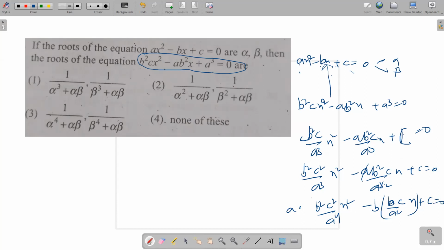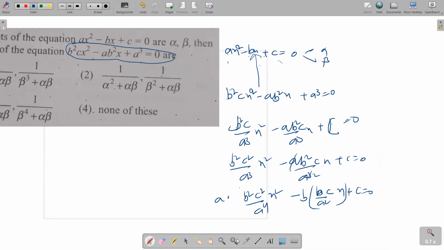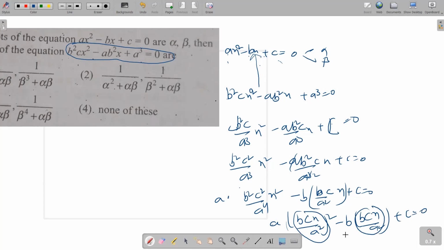Now see, we need to form a X square. So for this, bcx upon a square. This is your complete X square, right? A X square minus b, c x upon a square c. If this is your capital X, plus c equal to 0.